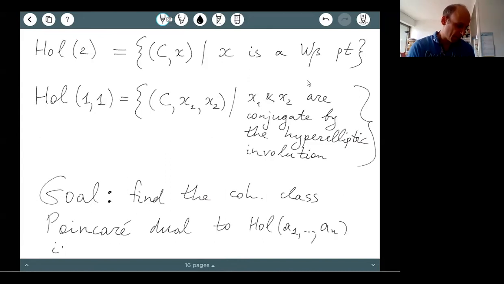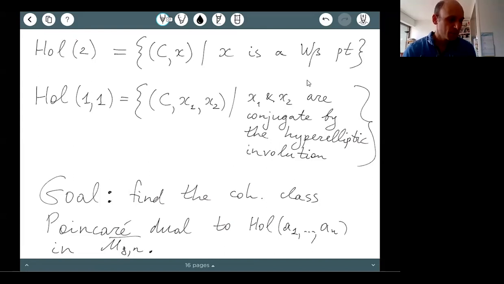And maybe I will add in M_{g,n} bar. I am asking the harder question. I could ask the same question in M_{g,n}, and this is a sub-question of the harder question to find the class in M_{g,n} bar.